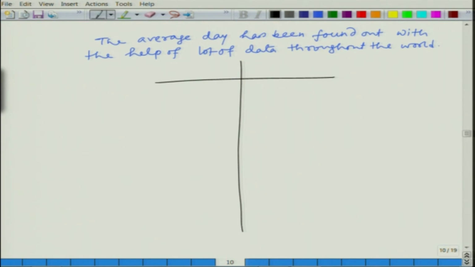So, this is month and this is day number.